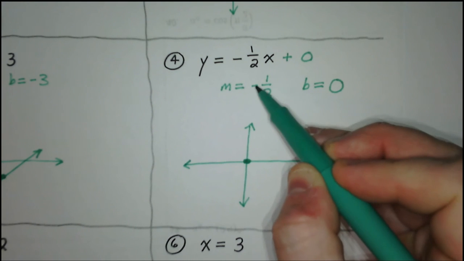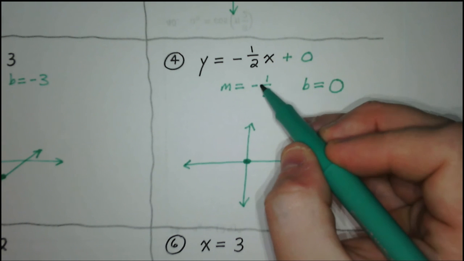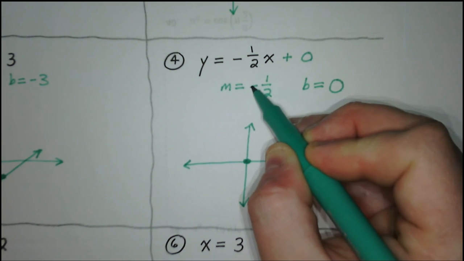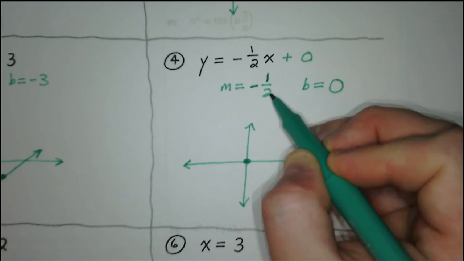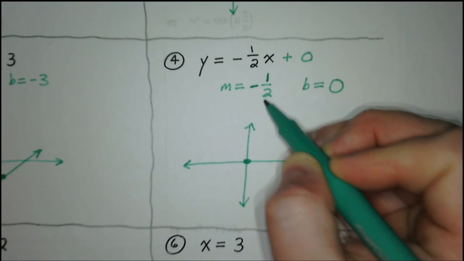Now we move with m. Now, make sure you are aware of how this works. A negative slope, this means you would have a -1 over a positive 2. That negative I'm going to put with the 1, and the 2 is positive, okay?